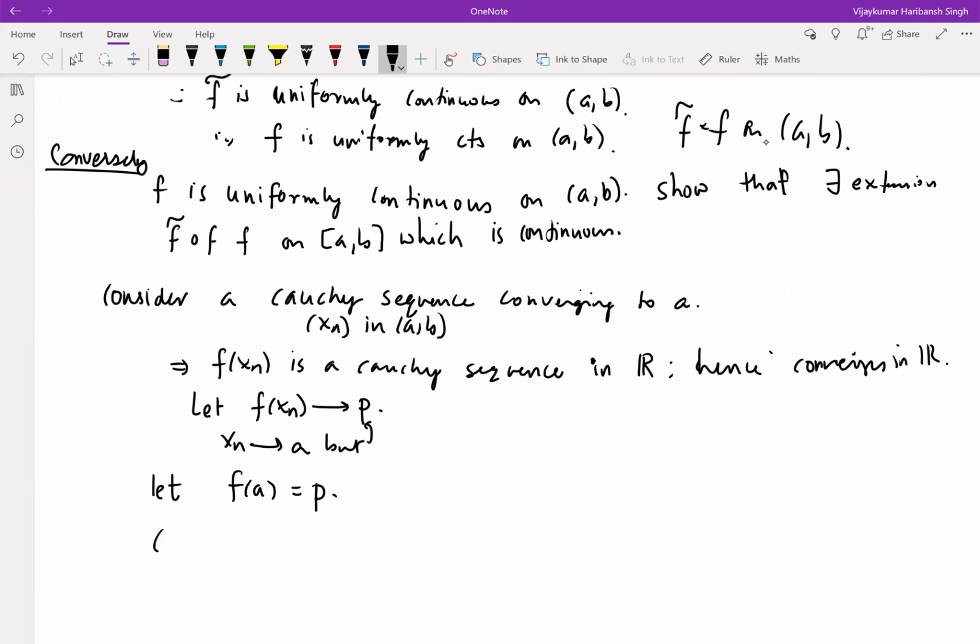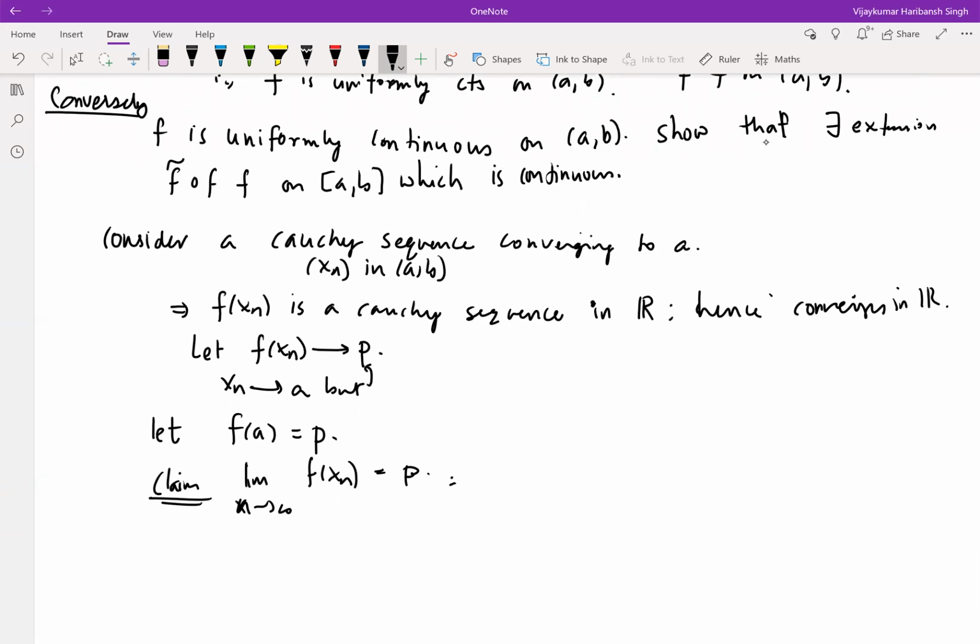Now claim: the limit as xn goes to infinity of f of xn is clearly P, right? Coming from the sequential continuity point, we have xn converges to A, and f of xn converges to P, which is my f of A. I should have defined this as f tilde.